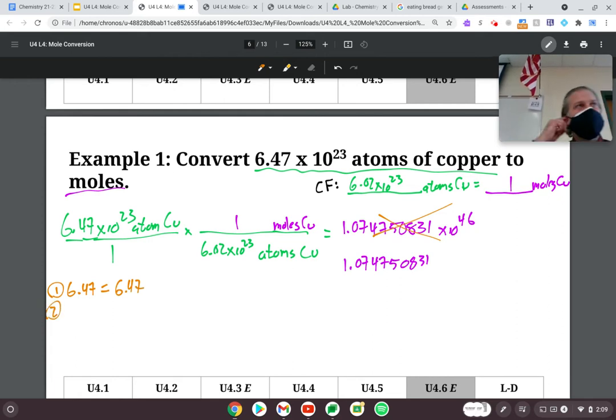Step number 2, if you have a calculator that looks like this, you would type second and then x minus 1, and your calculator would give you 6.47e.